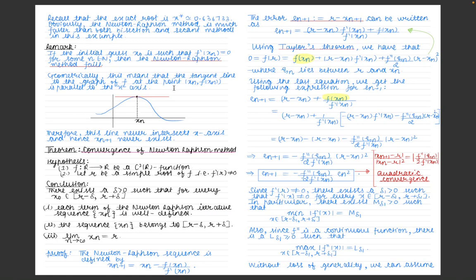So this is the statement of Taylor's theorem. Why could we apply Taylor's theorem? Because f is a C2 function. Had it not been a C2 function, then we would not have obtained f double prime zeta n. So this is where the first hypothesis comes into play.